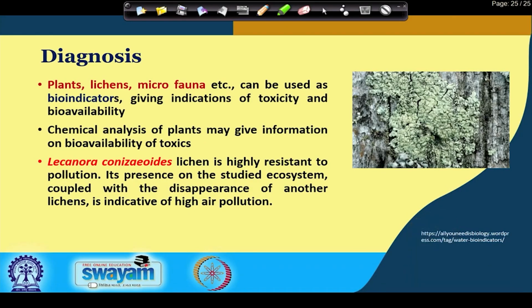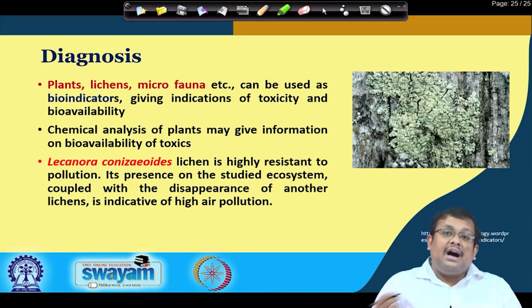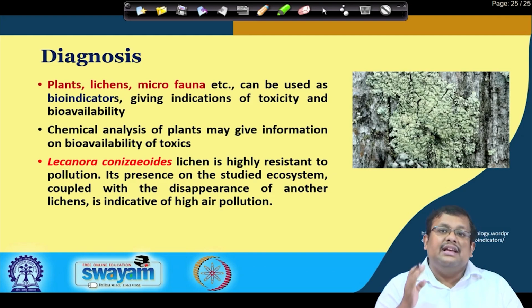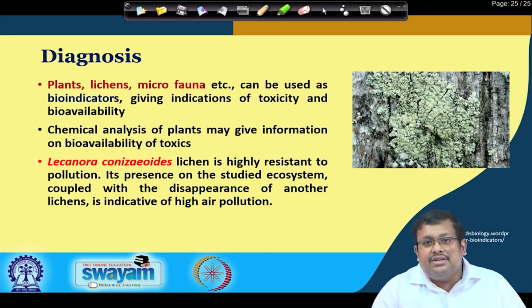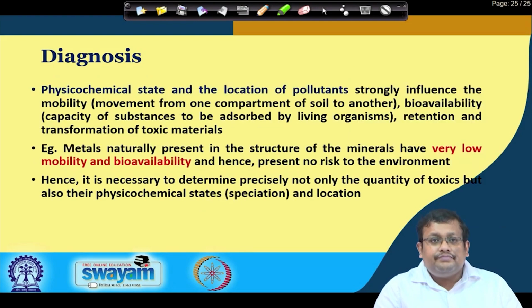Its presence in the studied ecosystem, coupled with the disappearance of other lichens, is generally indicative of high air pollution, because it is resistant to pollution. If there is no other species, we can justify that there is high air pollution. So, they act as a bioindicator for diagnosis of pollution.